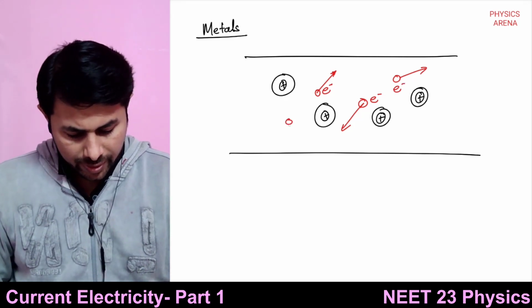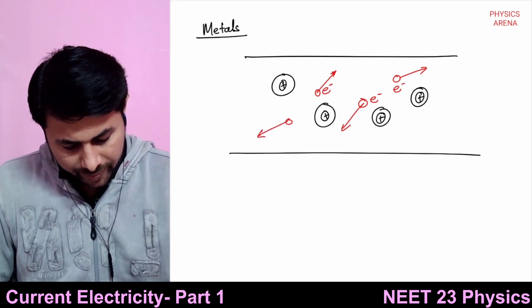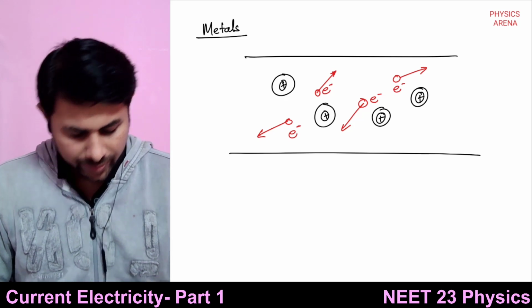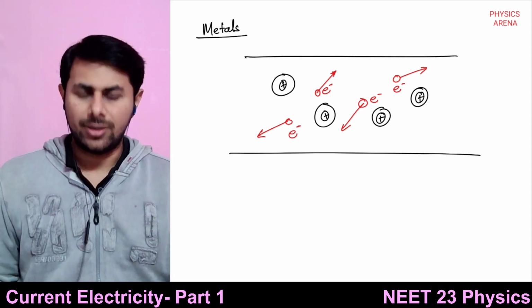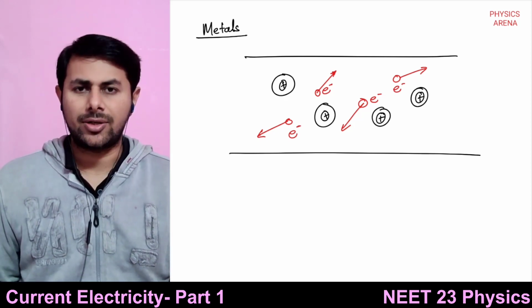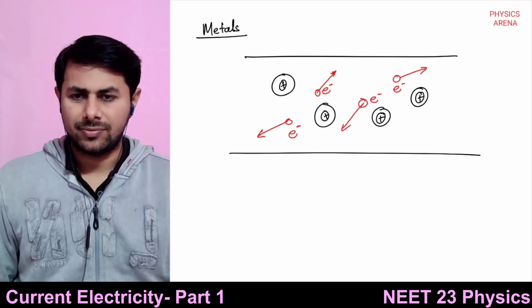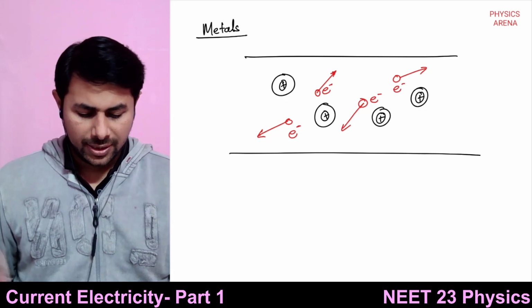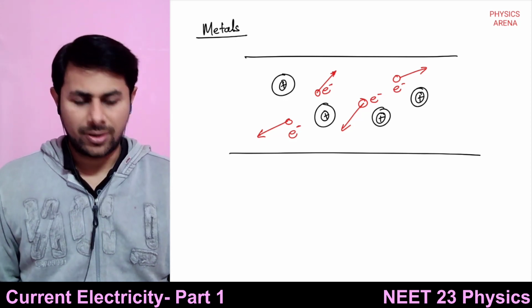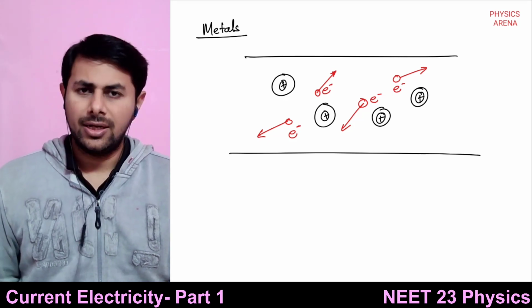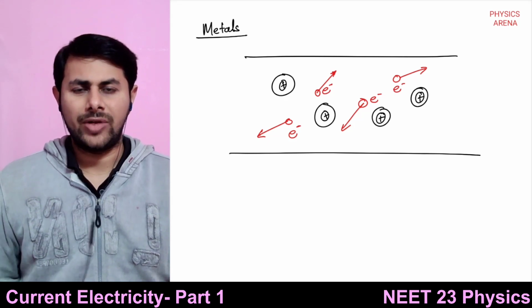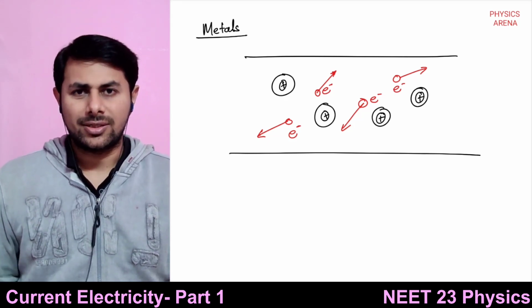So in metals you have a large number of free electrons which are available for conduction, right? That's why metals are good conductors of electricity, and non-metals, or we can say the insulators, are not.